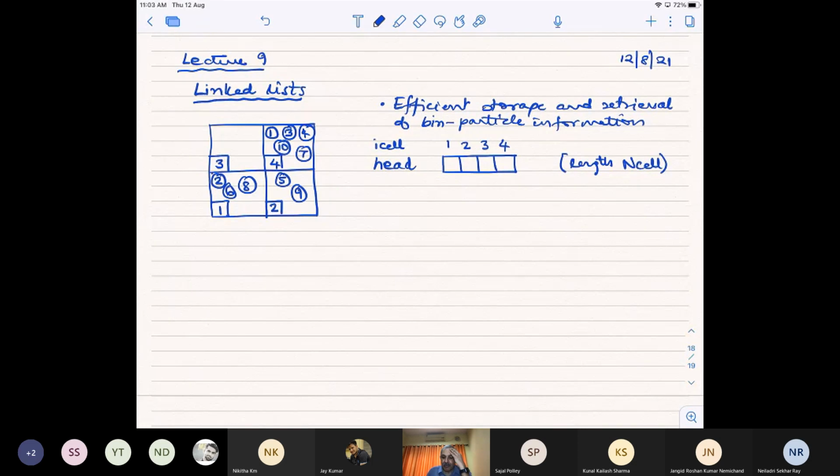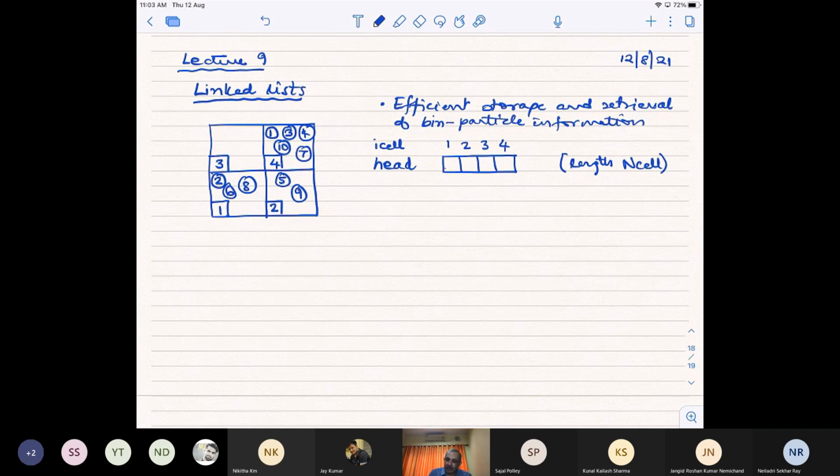As I said before, there will be a number in here which tells us the number of the particle which was last put into the cell. If you say head of I cell 1, this will give you a particle number in that cell. In 1 it could be either 2, 6, or 8. For 2 it will be 5 or 9. For 3 it will be 0 because there are no particles in there.